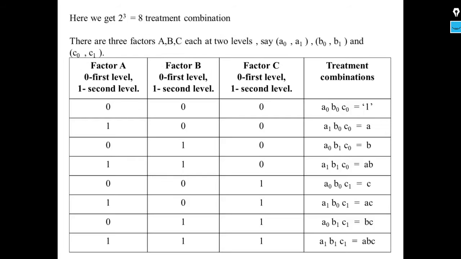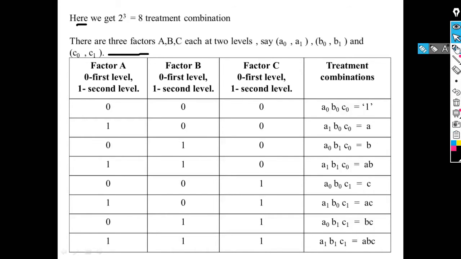Okay, so now we will discuss how we get different treatment combinations in this 2q factorial experiment. Here 2q means 8, so we get 8 different treatment combinations of different levels of the 3 factors.